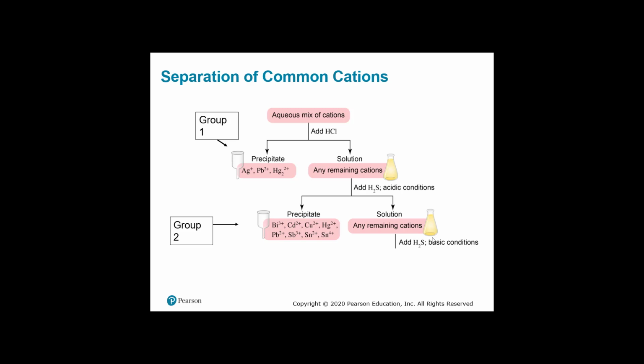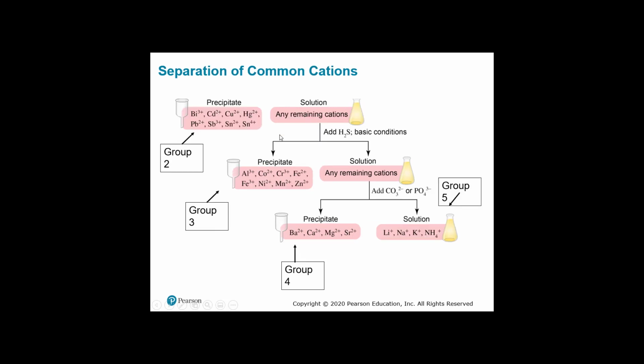The base drastically increases the concentration of the sulfide ions and the hydroxide ions. If any of these, and let's go to the next slide, any of these will then precipitate out with any of these cations here. And whatever is the remaining solution goes on to the next group.